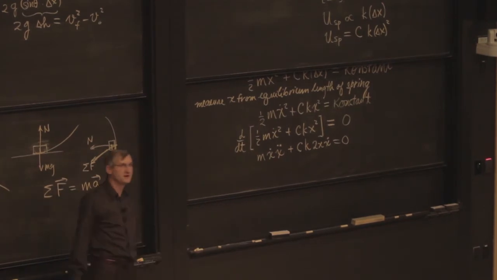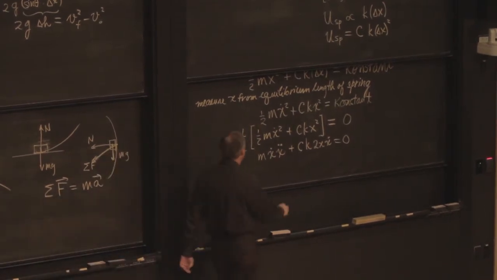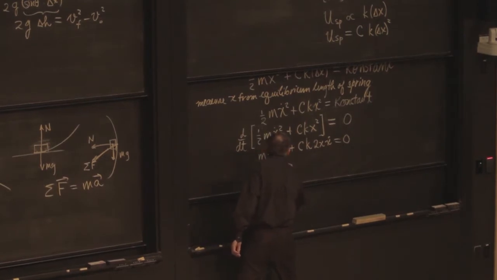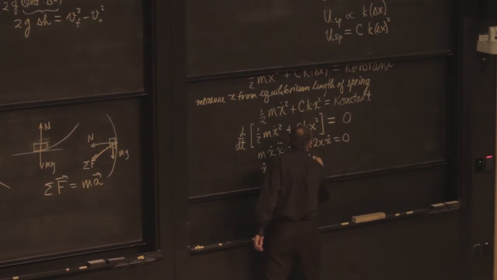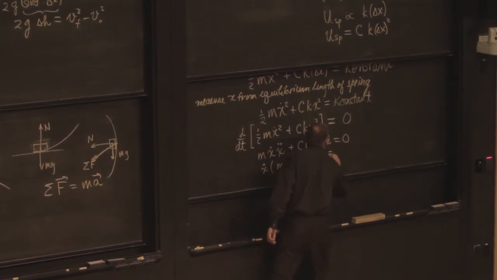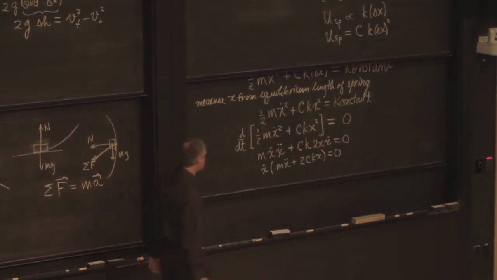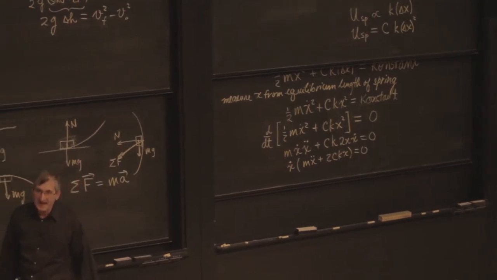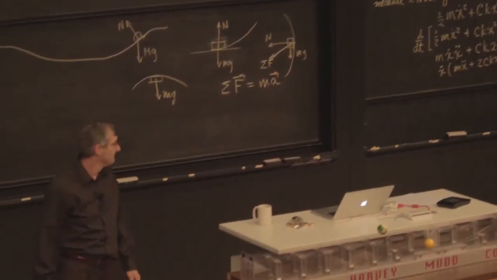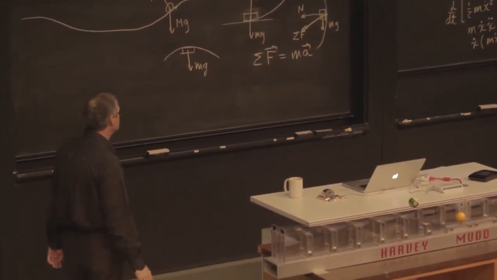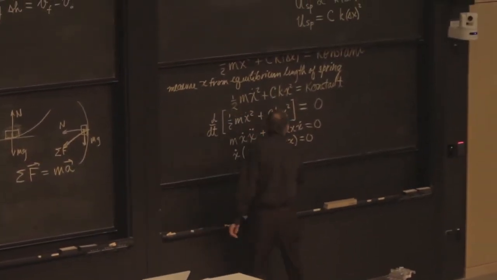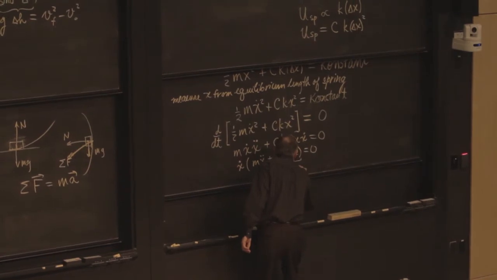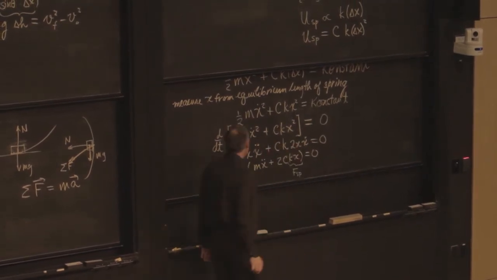Do you see there's a common factor of x dot that I'm going to factor out? x dot times m x double dot plus 2ckx is equal to 0. But kx was the force. kx is the force of the spring.